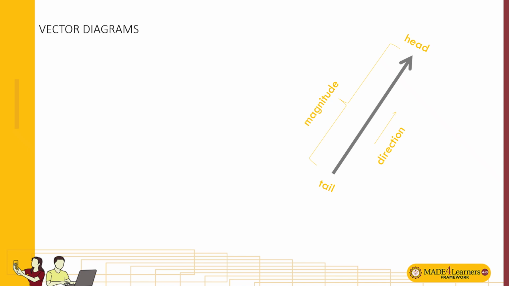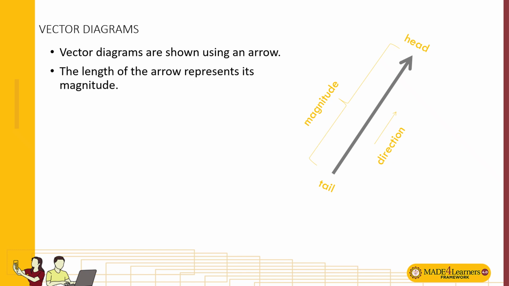The length of the arrow tells us about its magnitude. The longer the arrow, the greater the magnitude of that vector quantity. And the direction of the arrow, from tail to head, gives us the direction of the vector quantity.